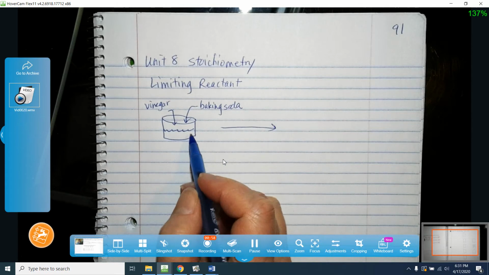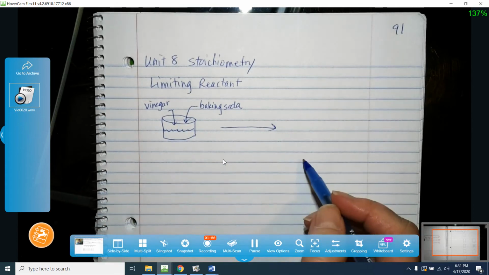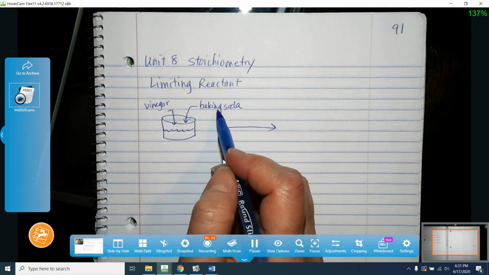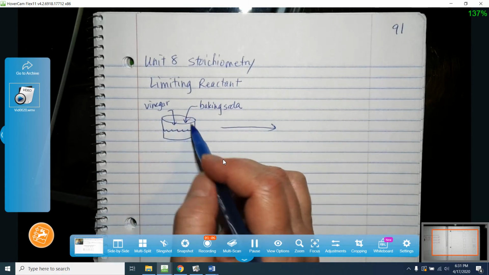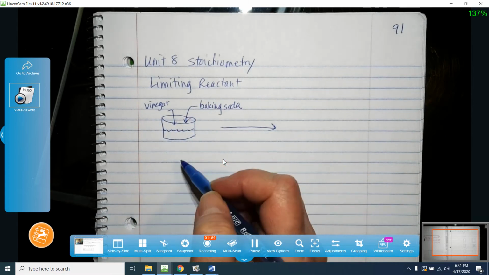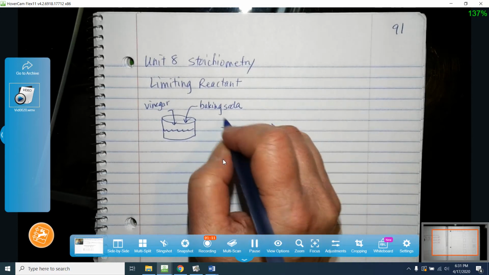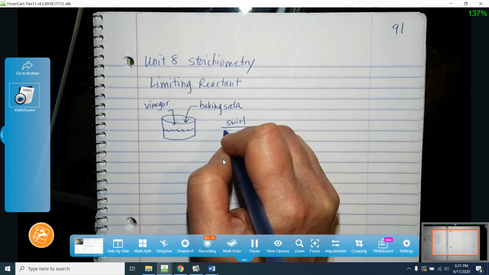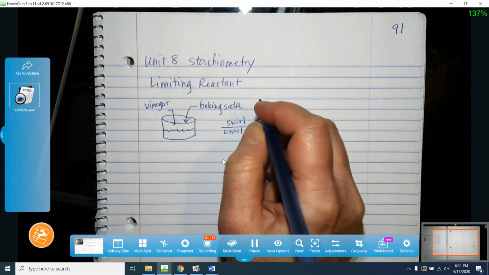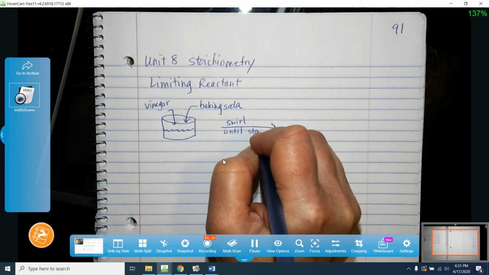Okay, and then you're going to swirl this, keep swirling it until all of the baking soda reacts with the vinegar. Okay, and you'll know this when it stops bubbling. Okay, so you're going to swirl or mix until it stops bubbling.